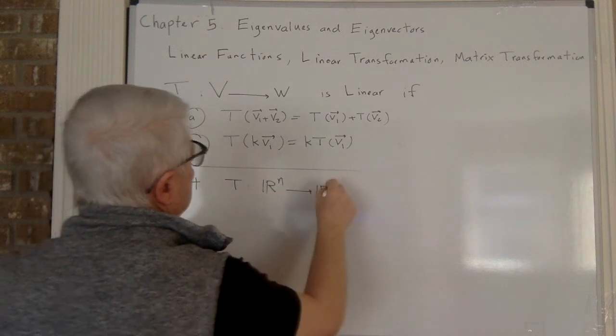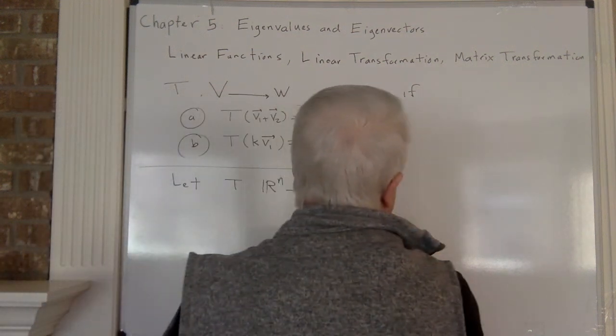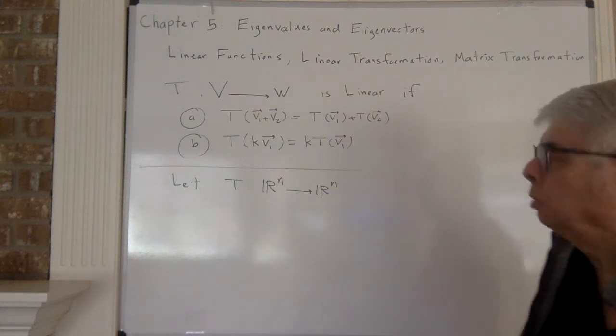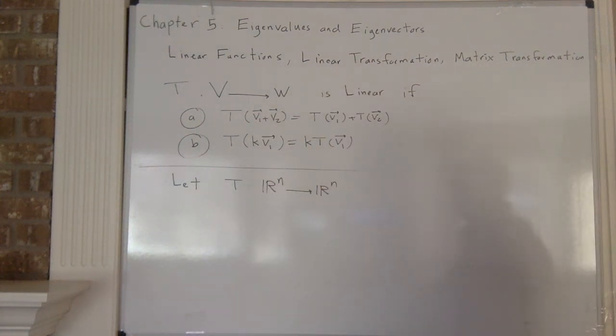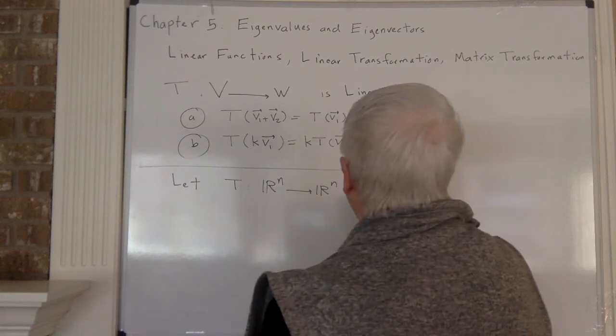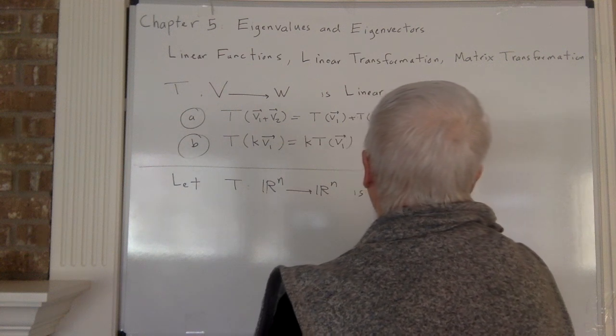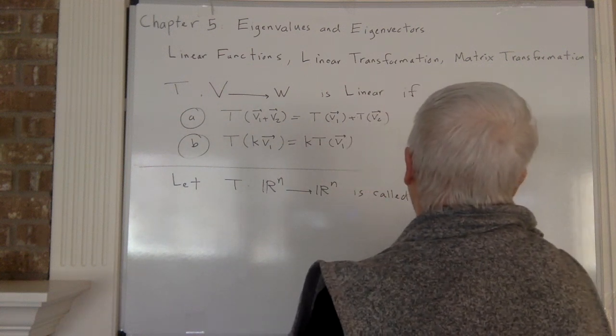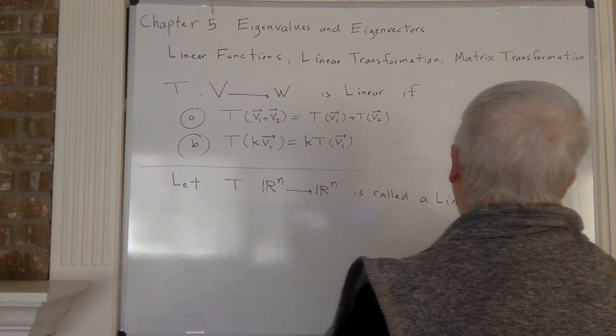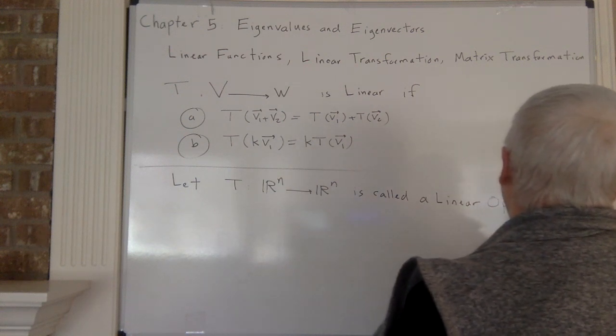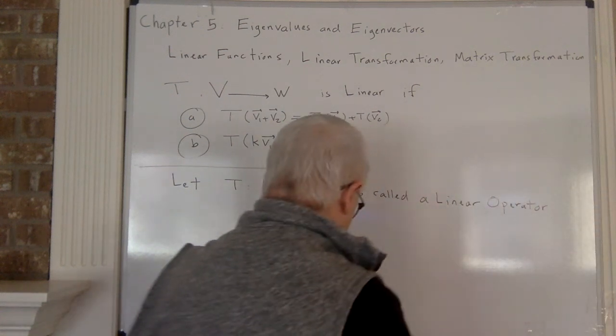So this is called a linear operator in R. If these two vector spaces have the same dimension, it is called a linear operator. So T is called a linear operator.